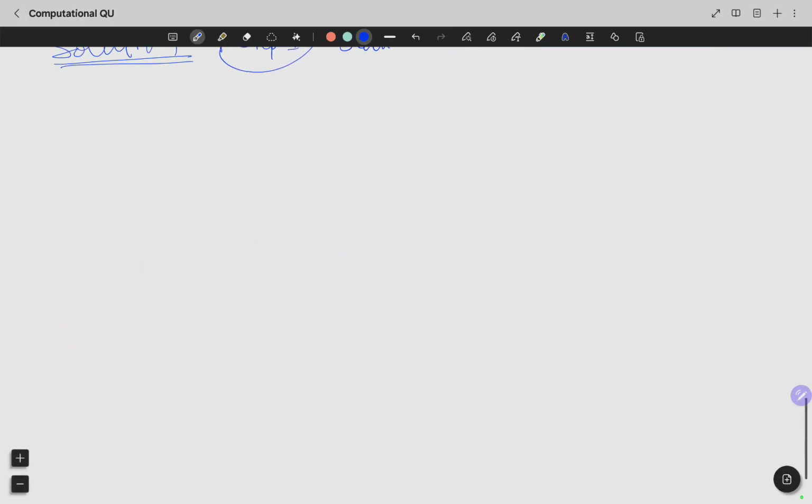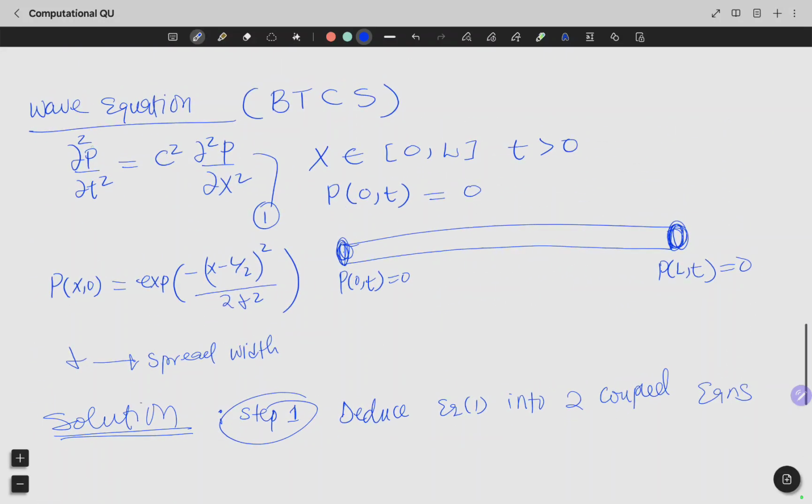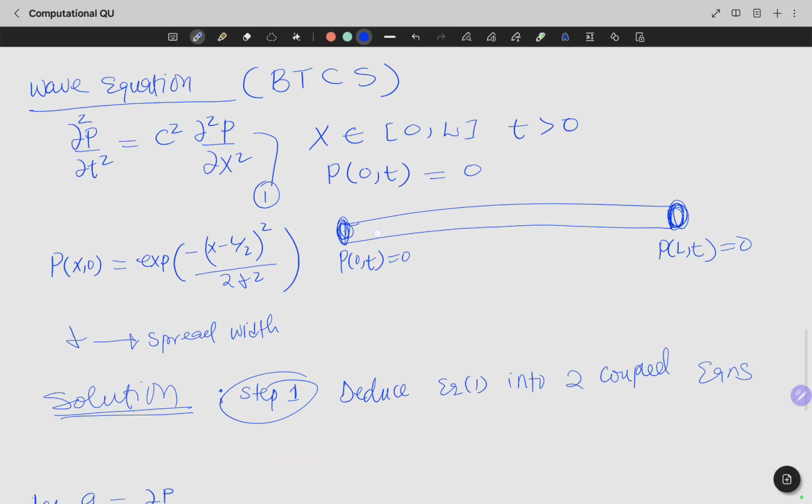How do you do that? Let some value q equal the derivative of pressure with respect to time. So that means dq by dt is this, right?